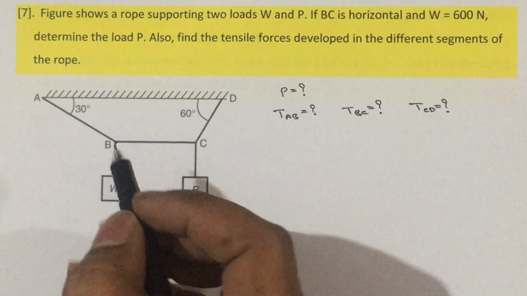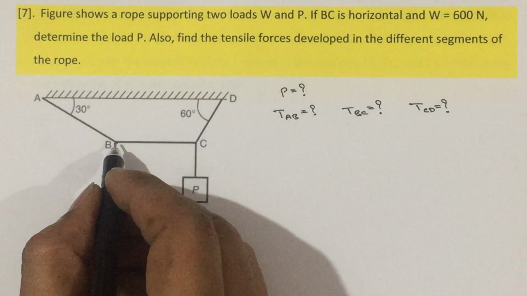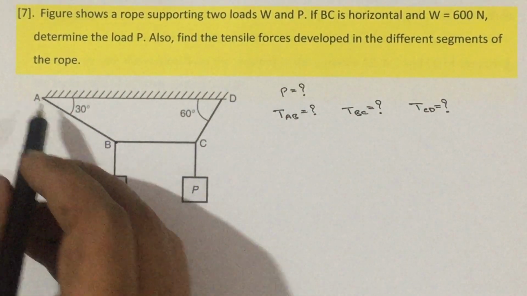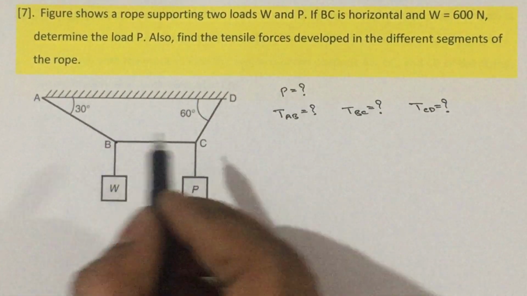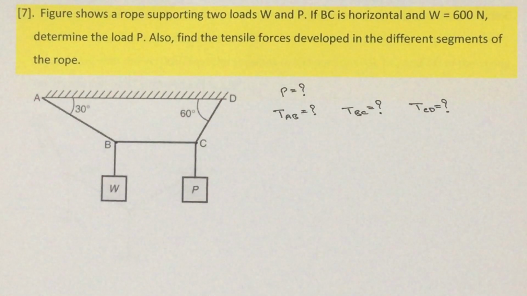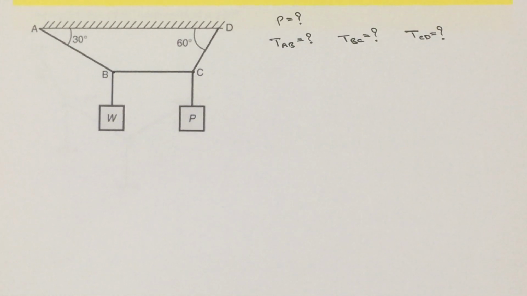In that case, we will go for multiple free body diagrams. We are going to write one more free body diagram. First I will write the free body diagram at B point, so that I will find BA, BC. Then I will write the free body diagram at C point, so that I will get CD. So, first write the 2 free body diagrams.